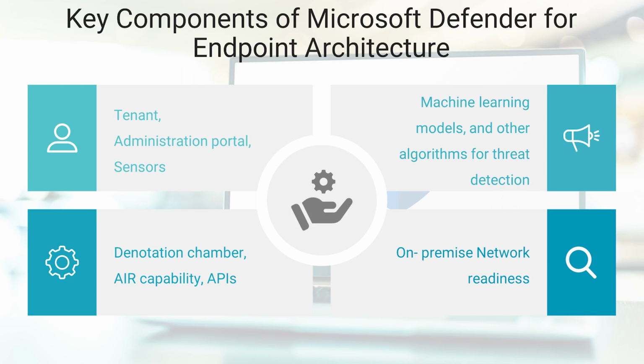We have the so-called detonation chamber, which acts as a sandbox environment and is used for deep file analysis. There you can upload suspicious files to receive a report about them. That is an excellent and safe capability to investigate potential threats. Tenants also have automated investigation and response capability, so-called AIR.